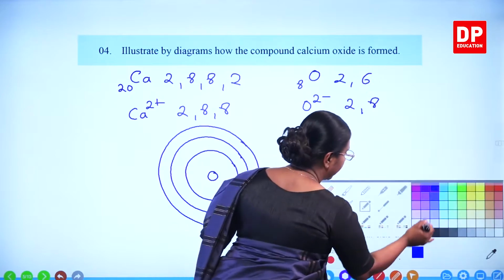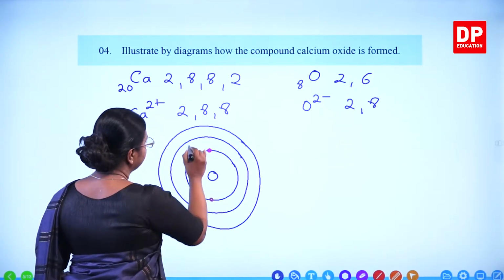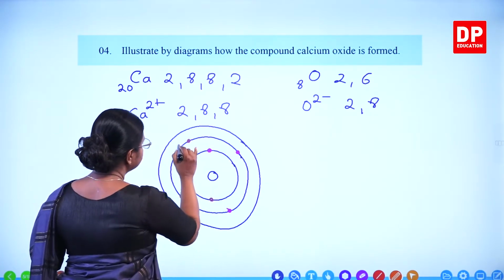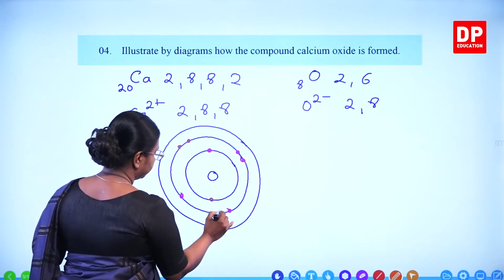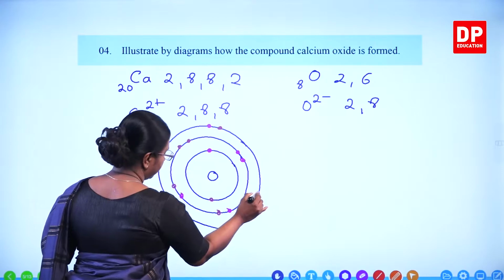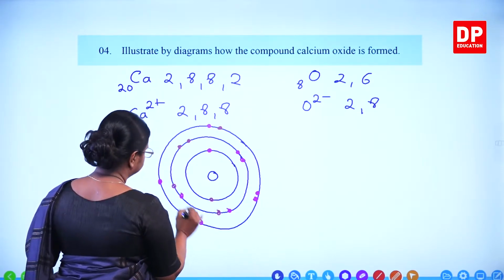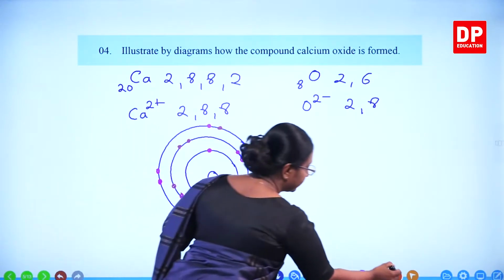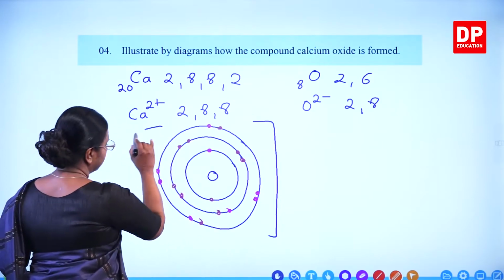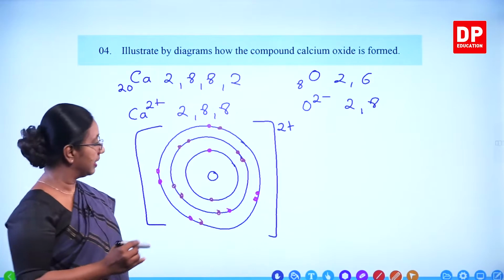And here, if I denote the electrons, in the first shell, there are 2 electrons. In the second shell, there are 8 electrons. And in the third shell also, we have 8 electrons. So this has 2 plus charge, calcium ion.